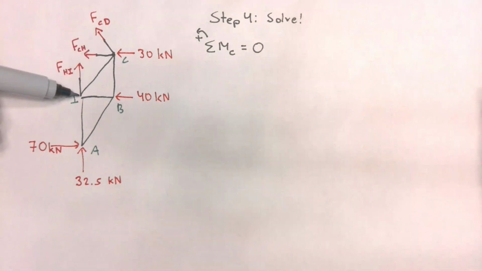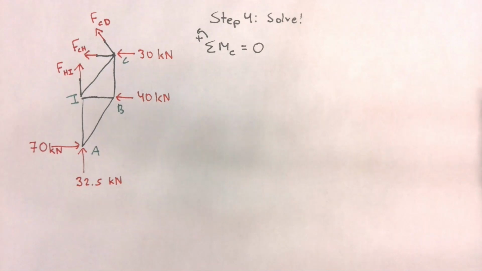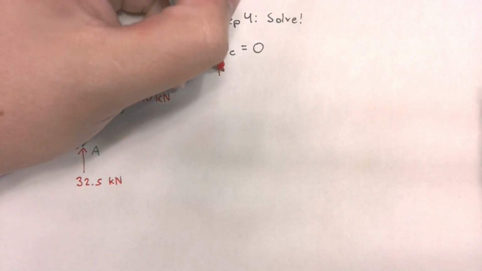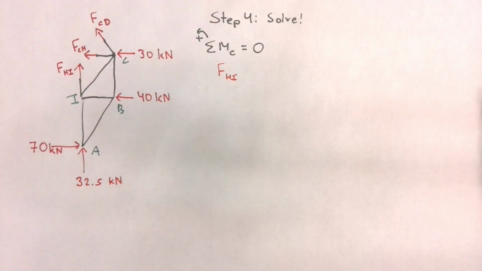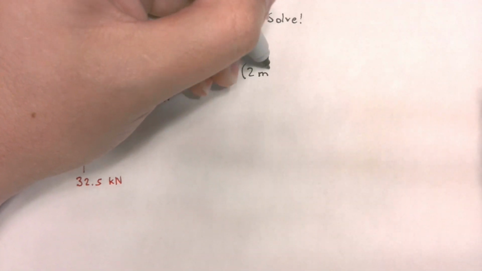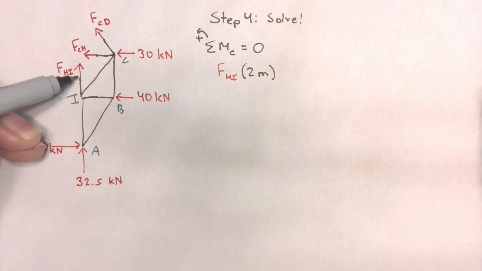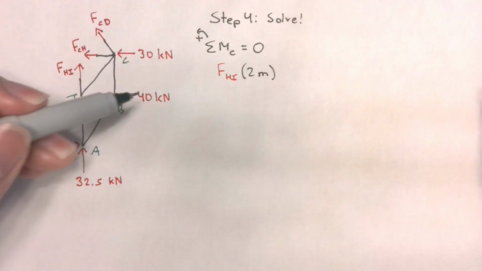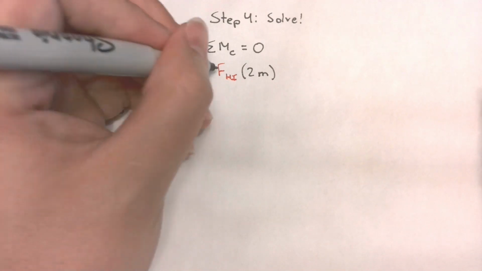Now I can see which forces are causing a moment about point C. I have this unknown force HI, the force from H to I, which is acting at a perpendicular distance of 2 meters from my point C. This is causing a clockwise rotation, so I'm going to give it a negative value.